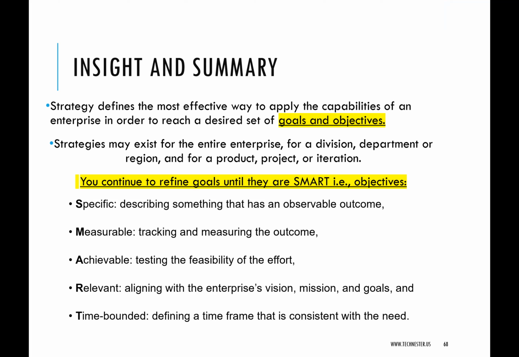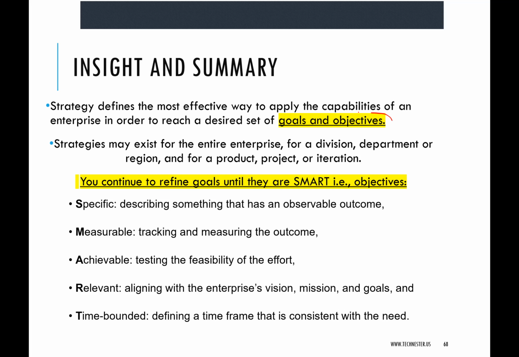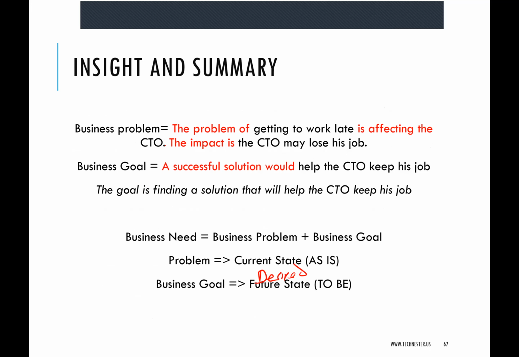A goal that is clear becomes what we call an objective. When the goal is clearer, it's specific, then it becomes an objective, or several objectives if you can break it down. So you start to clarify the goal. We started from the business goal: a successful solution will help the CTO keep his job.